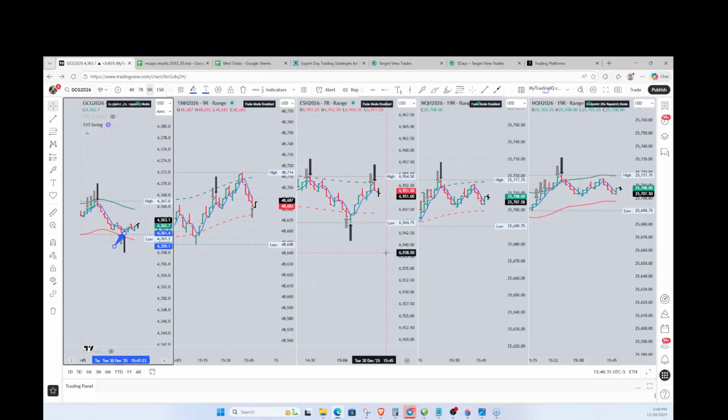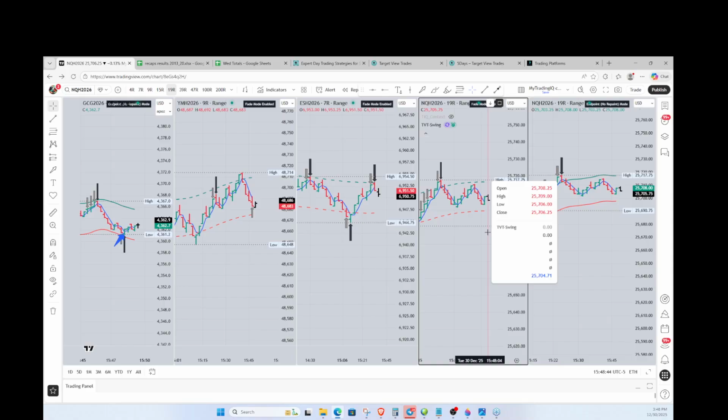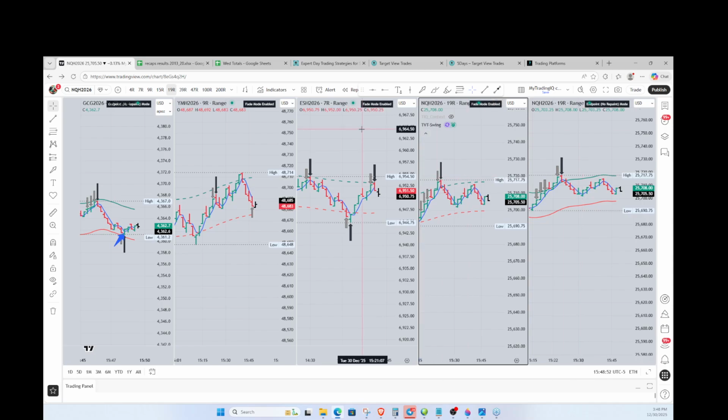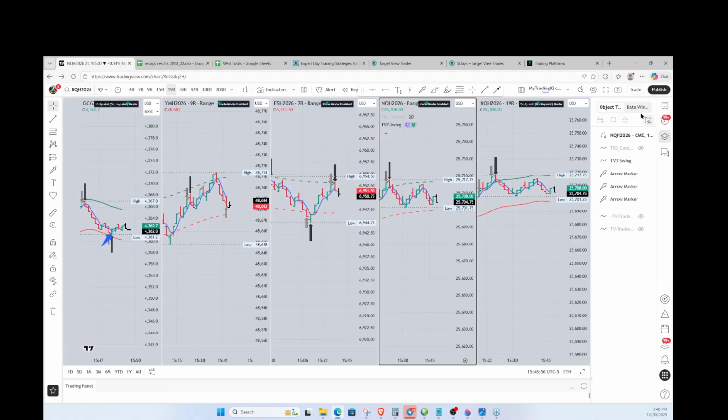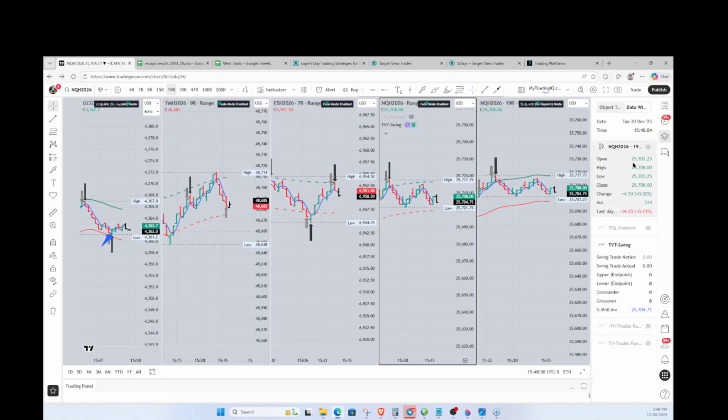How do I hover and get that box? Which box, David? The data box? Oh, okay. I just left mouse click on the last bar, and it gives me that. Now there's a couple different ways you can look at that, David. I also have it up here on the top, and you can click on this right here and do data window and have it right here as well.